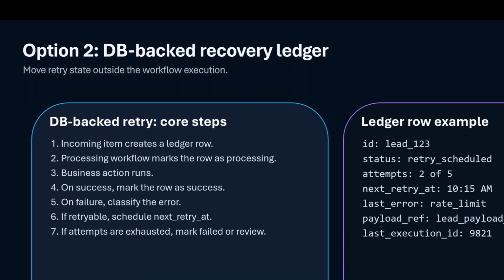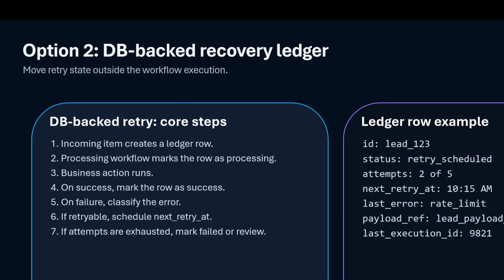This is the actual production-level retry mechanism. How would it work? An incoming item creates a ledger row. For example, you can use a data table in N8N, and inside the data table, you create columns to track each workflow execution.